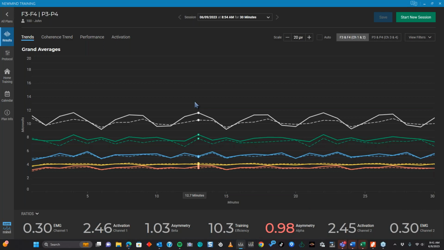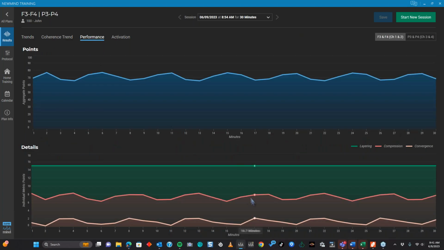Their compression is going to be way off initially, which also means their activation numbers are going to be rather high. If you've got delta and theta more up here and a huge space between, on the performance screen this compression line is going to be way up here. So that's for trackability purposes. You can watch that.